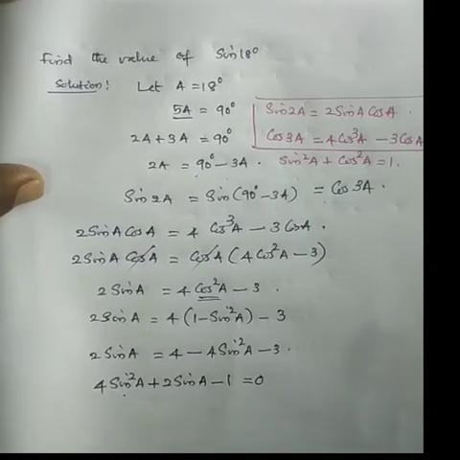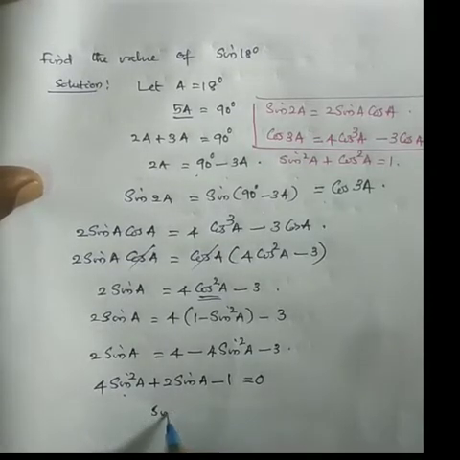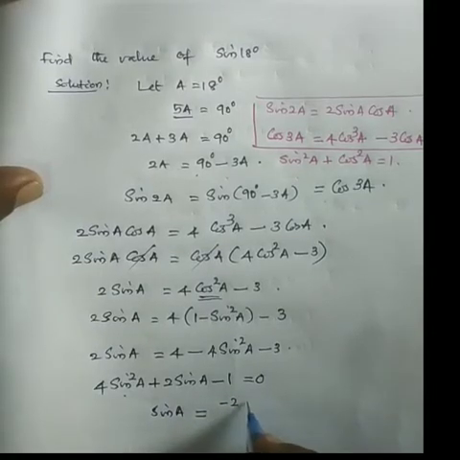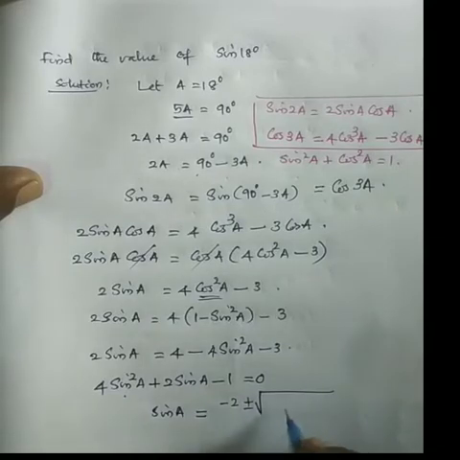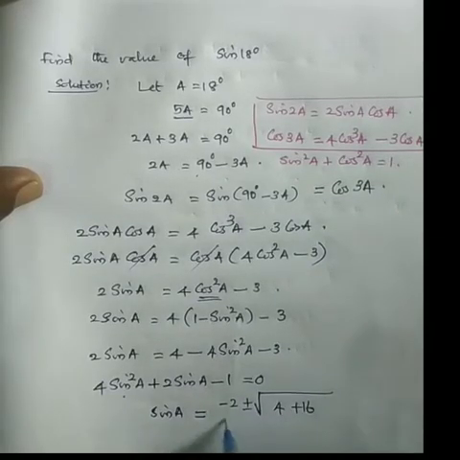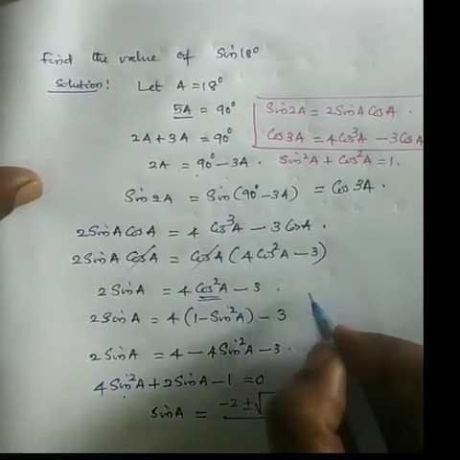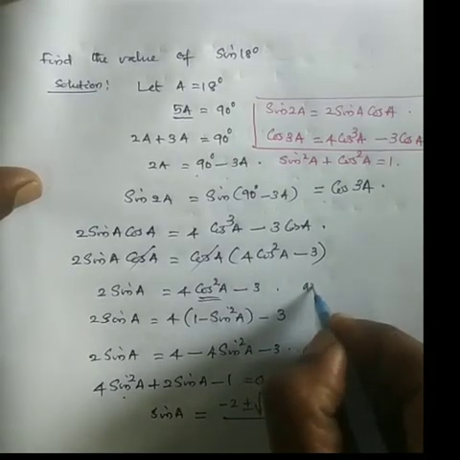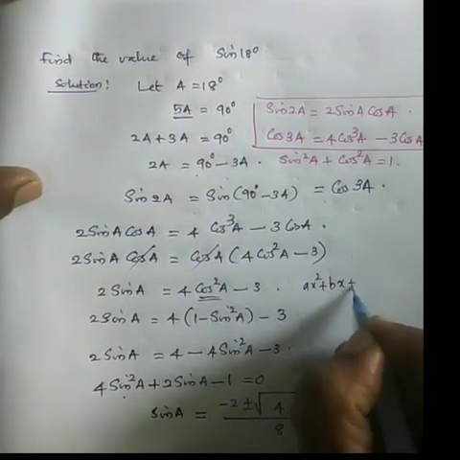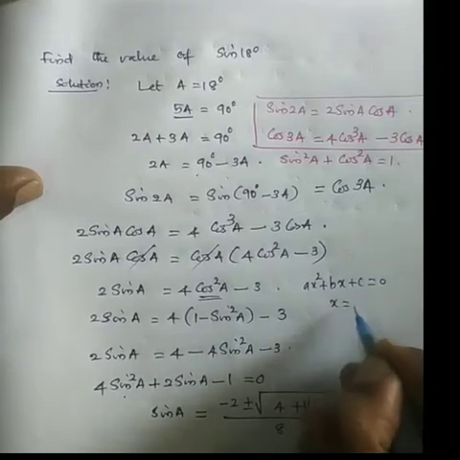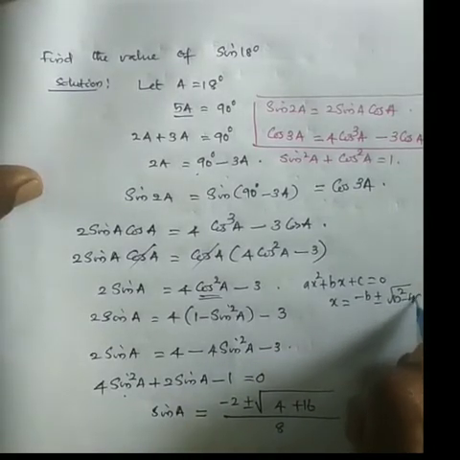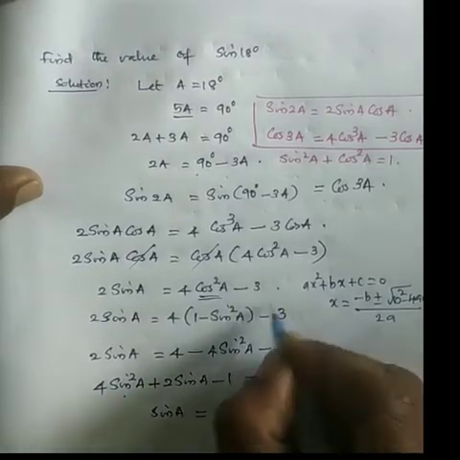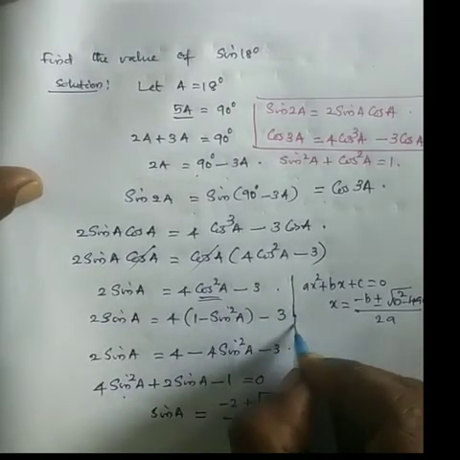So for finding the values of sin a, we get minus 2 plus or minus root of 4 plus 16 divided by 8. That is, if the quadratic equation ax square plus bx plus c equal to 0, then the value of x is what? Minus b plus or minus root of b square minus 4ac by 2a. Here we are using this formula.